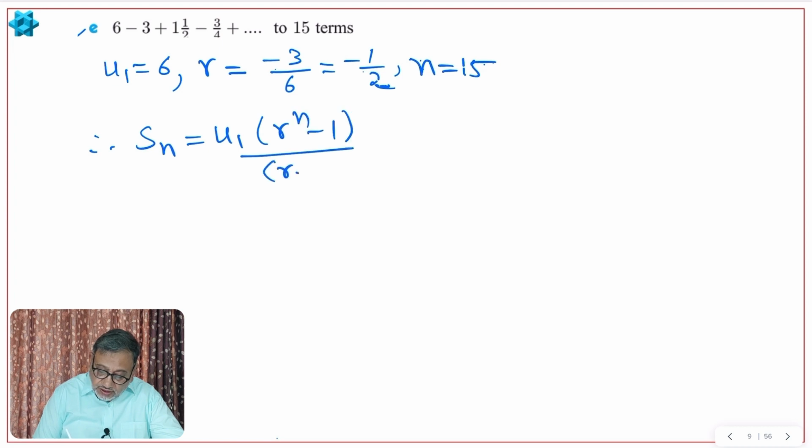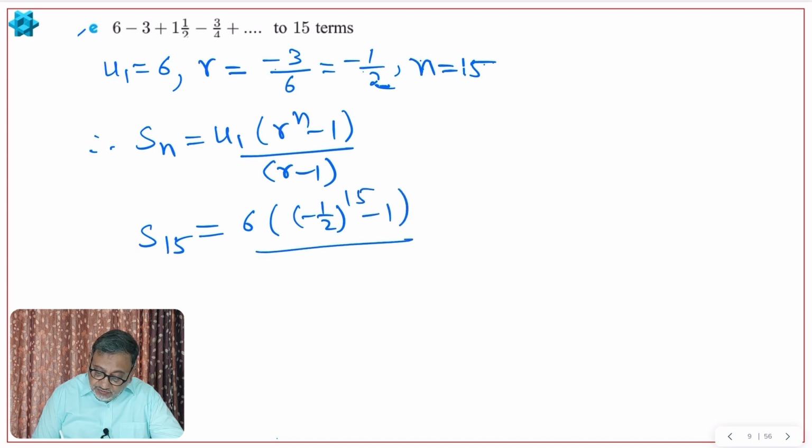I will put all the values. 6 bracket, R is negative half, to the power n. N is 15. So to the power 15 minus 1, over R, minus half minus 1. Let me rewrite this. Minus half minus 1.